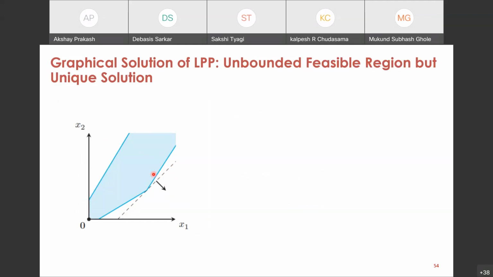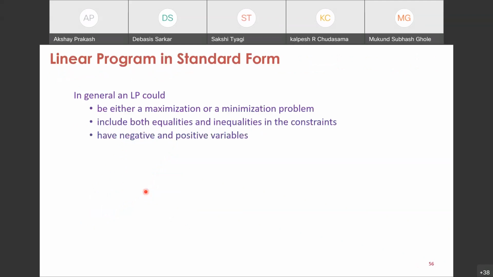Now see, it increases as you move in this direction. I cannot move further because I'll now enter the infeasible region. So this actually gives me a unique solution even for an unbounded feasible region. Okay.